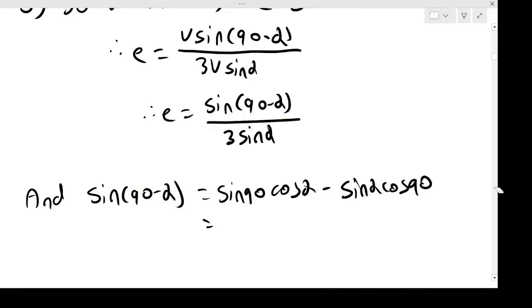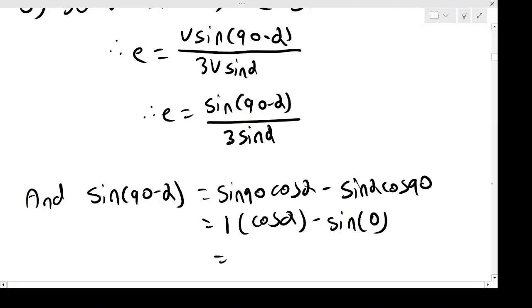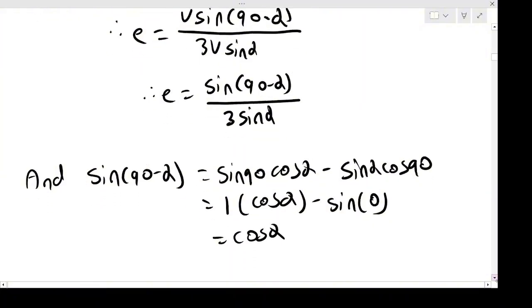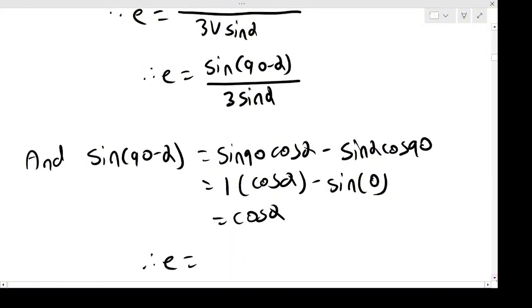So that's 1 lots of cos alpha, because sine 90 is 1, take away sine alpha lots of cos 90, which is 0. So actually quite nicely this just goes to cos alpha. So therefore E goes to cos alpha over 3 sine alpha.